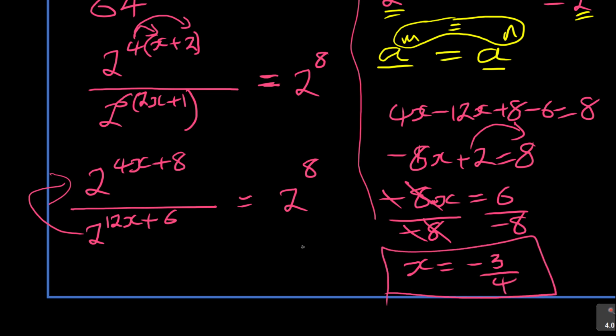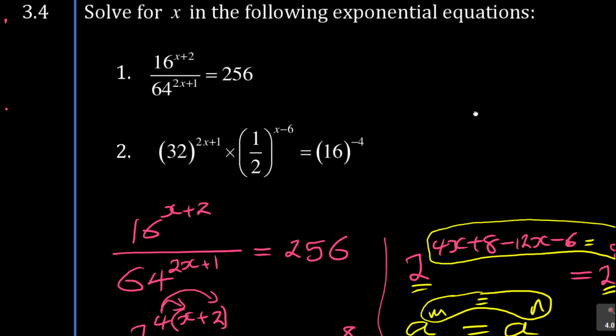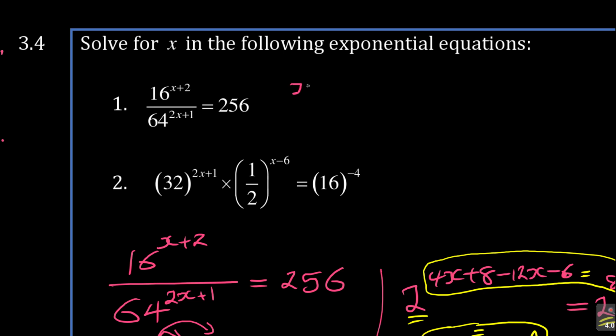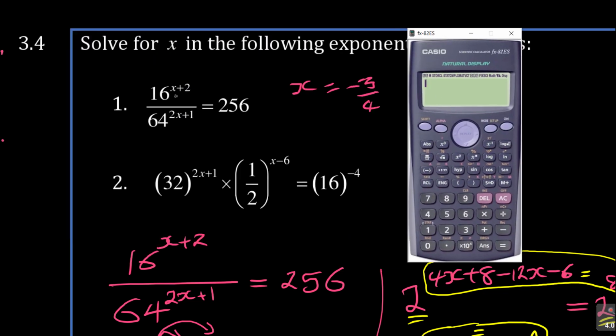Now, there is the interesting part with the equations. You definitely need to test your answer. Don't just leave it. So you take that x is equal to minus 3 over 4 in here, to say x is negative 3 over 4. Every equation, you need to test it. If you don't test it, you guys will be sabotaging yourself, because why can't you test the answer and see if you're right? There is 16 to the power of, what do I have? It's negative 3 over 4.